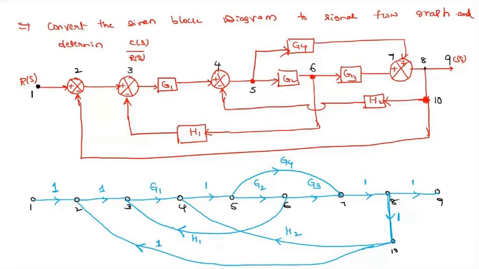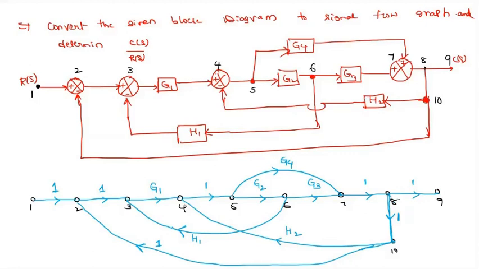Then the third step is to draw the main forward path. The main forward path starts from the input and ends at the output. It's a direct connection, with no other loop connection. That is the third step. The fourth step is the feed forward path. The feed forward path and main path give the same information.